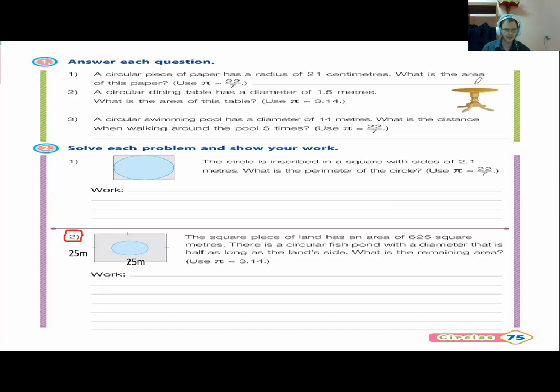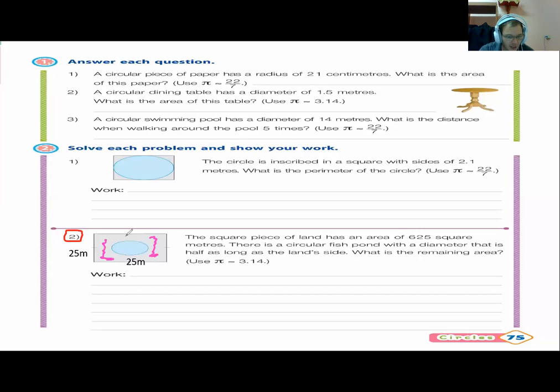The square piece of land has an area of 625 square meters. There is a circular fish pond with a diameter that is half as long as the land side. What is the remaining area? So they want to know the area around the fish pond.